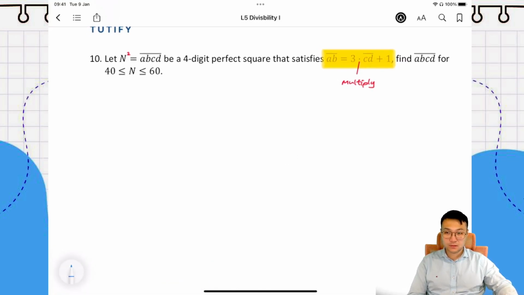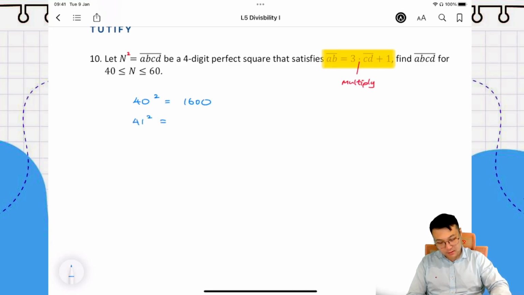They already told you that n is in between 40 and 60. So why don't we just observe the square numbers from 40 all the way to 60. You observe the pattern.